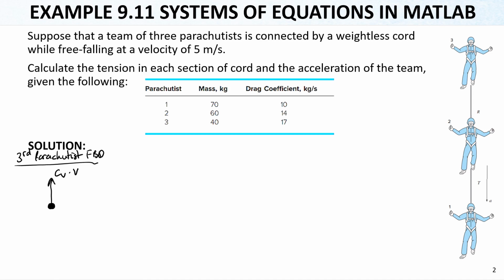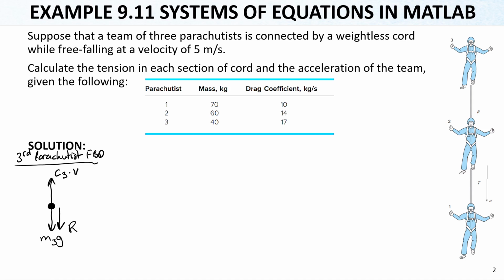Drag coefficient is defined as c, and because this is the third one, we can say c3 v, where v is the velocity. Downward we will have its weight, which is m3 g, where g is the gravitational acceleration. And also we will have an R tension of the rope.